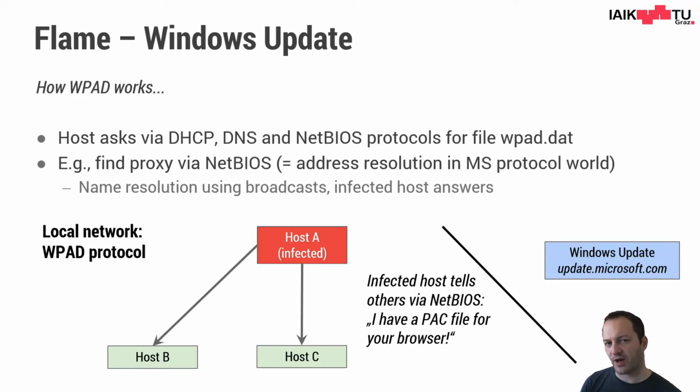You just have to set up a fake DHCP server that presents such a WPAD file, and that's malicious or that's been crafted by you, and they would say, well, for any request to the internet, route this via me. So that's some sort of man-in-the-middle attack without ARP poisoning.